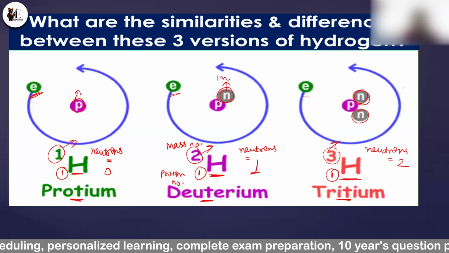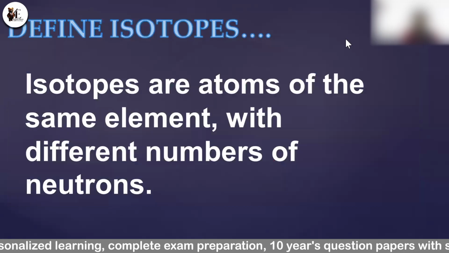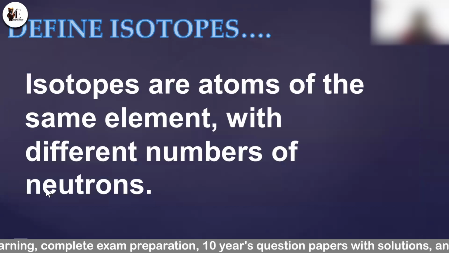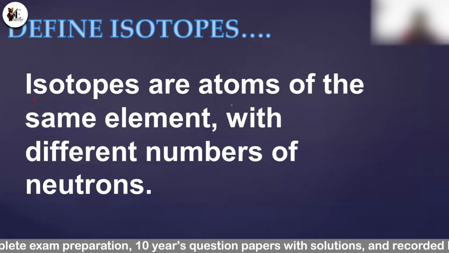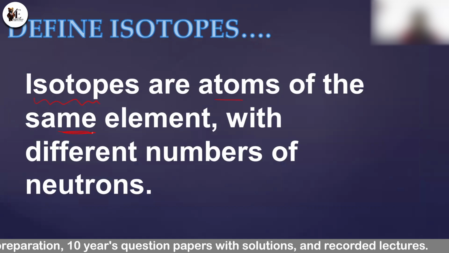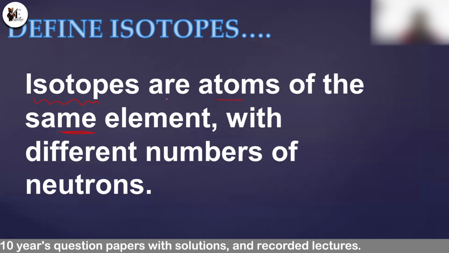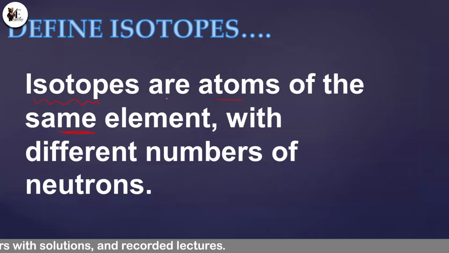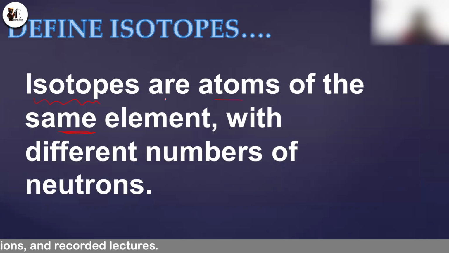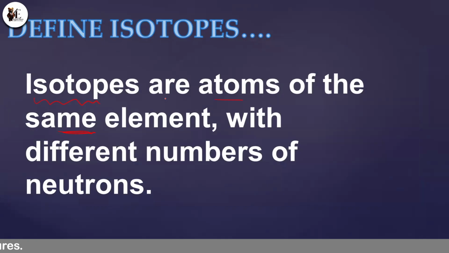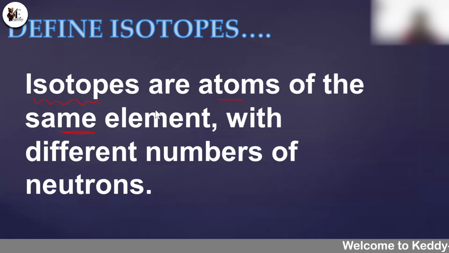So this leads to a new topic, that is isotopes. These are known as isotopes of hydrogen. What are isotopes? They are atoms of the same element. What is the same element here? In this example, what is the name of the element?